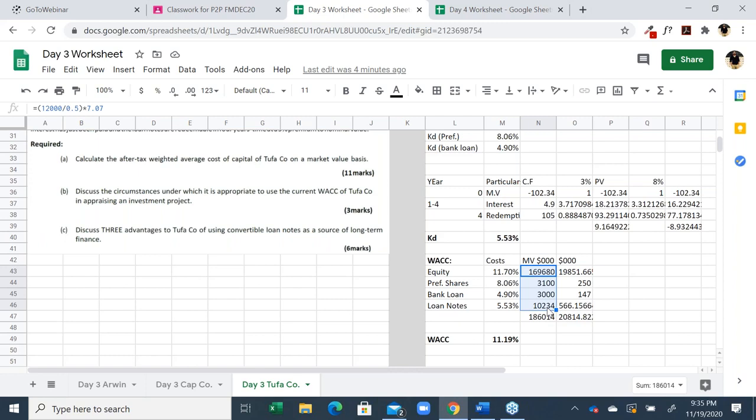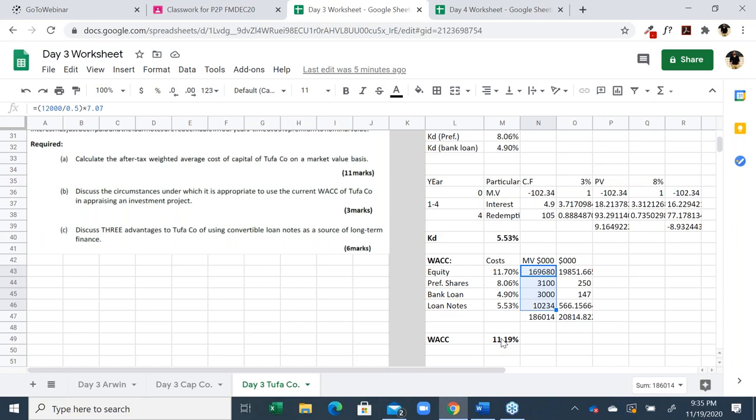So, if you are going for a new investment project and obtaining a totally different source of finance with a different cost of capital, what will happen? Will you still have the same WACC? WACC will change.